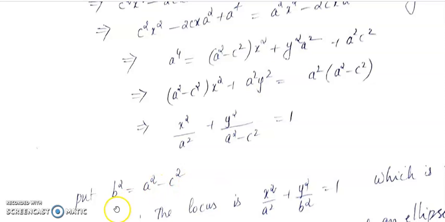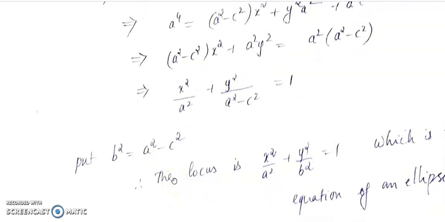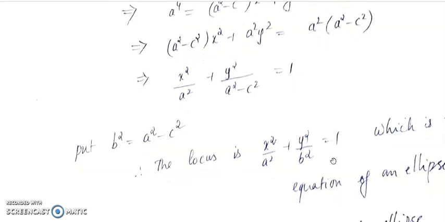So put b square equal to a square minus c square. That will give us the standard equation of the ellipse. So the required locus will be x square by a square plus y square by b square equal to 1. This is the equation of the ellipse. So therefore the locus of the point xy will be the equation of the ellipse.